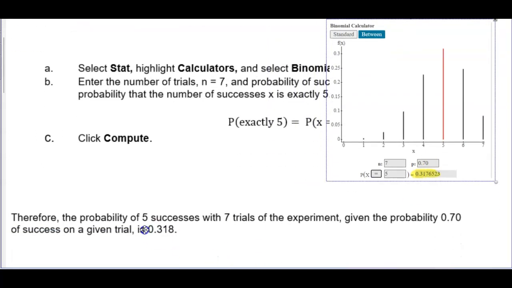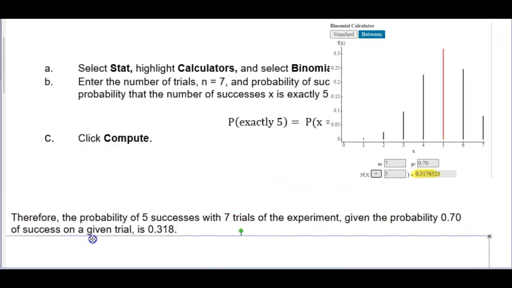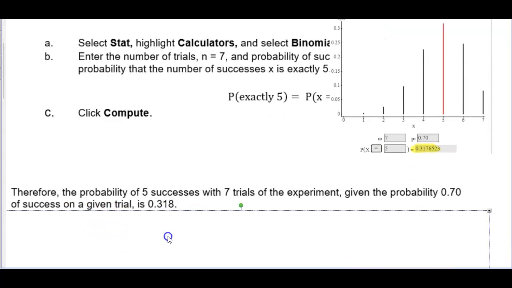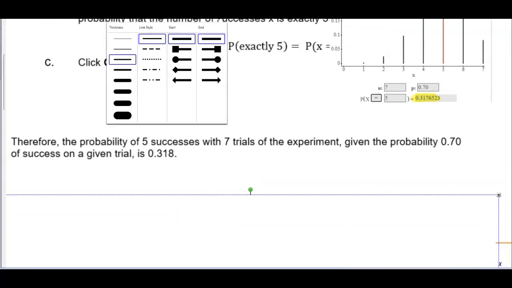So therefore, the probability of 5 successes with 7 trials of the experiment, given the probability of 0.70 of success on a given trial, is 0.318.